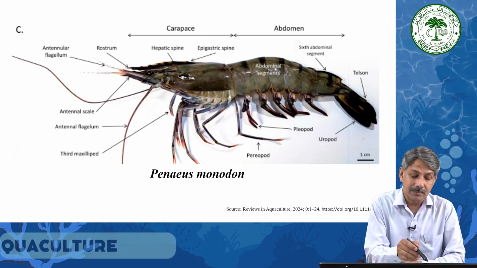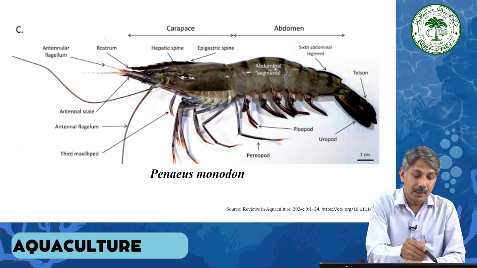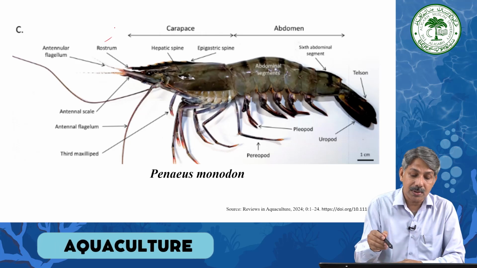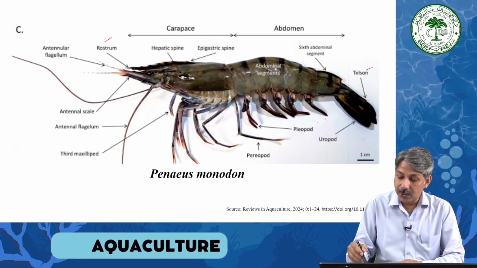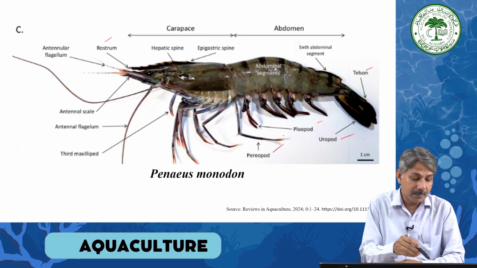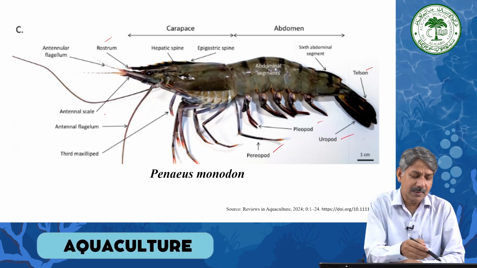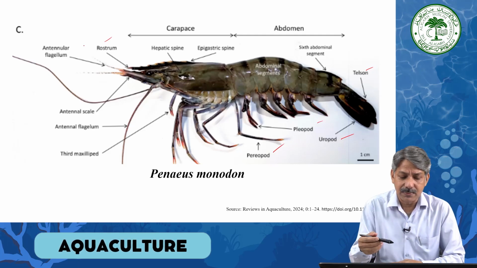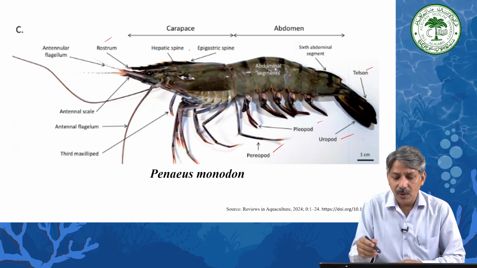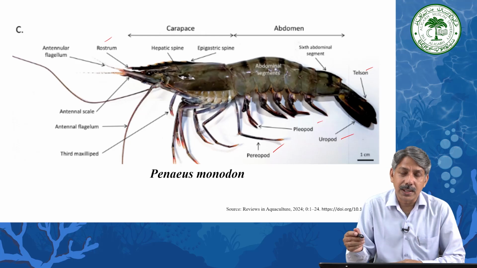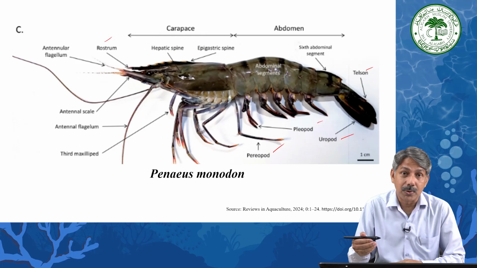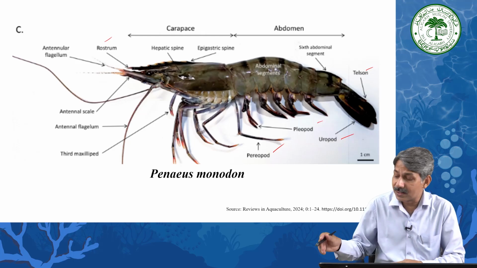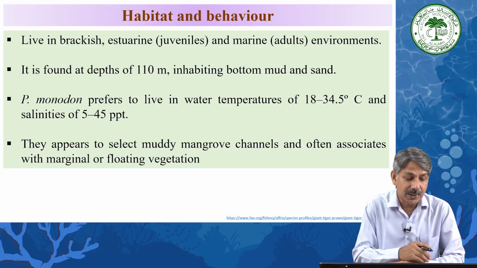You can see the terms which you will often hear in the lecture: rostrum, telson, pleopod, uropod, pereopod, maxilliped, antennal flagellum, antennal scale, and the hepatic spine. All these aspects are very important when you are discussing the biology, and when we shall be discussing the maturation and other stages, you will find mention of many of these body parts.